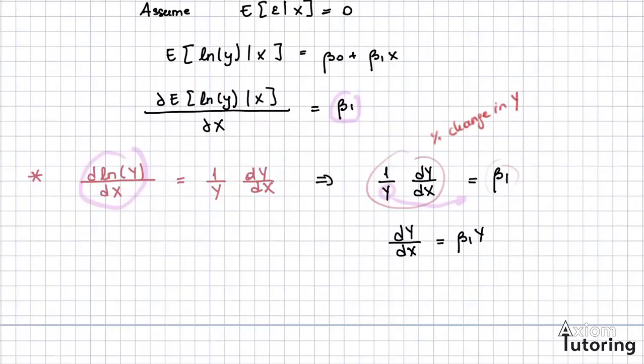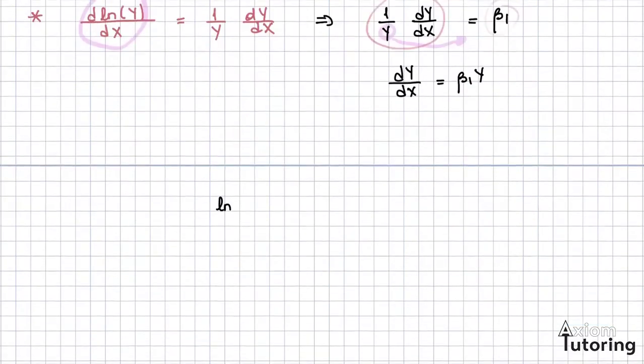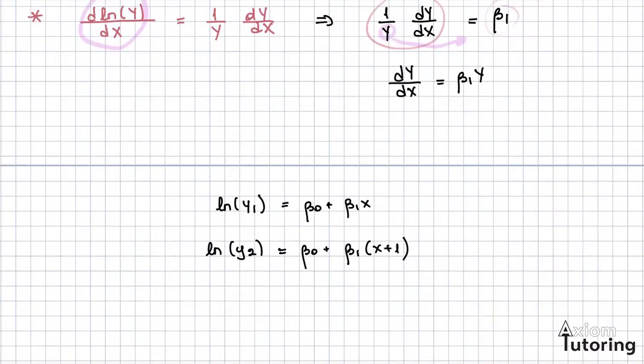Now, let's show it a little bit more clearly with the most specific formula. If we take ln of y1 equal to beta 0 plus beta 1x, then we take ln of y2, which is increasing our x simply by 1, so beta 0 plus beta 1 times x plus 1. This follows the convention of what we saw in the previous video on what the ln function does.